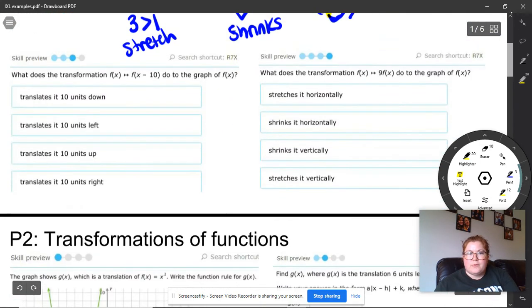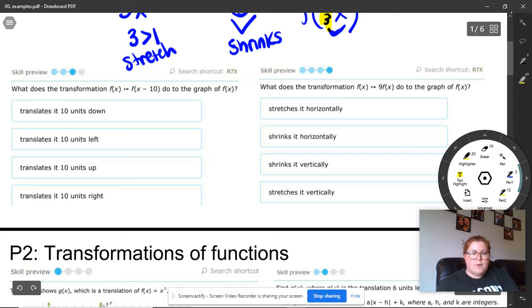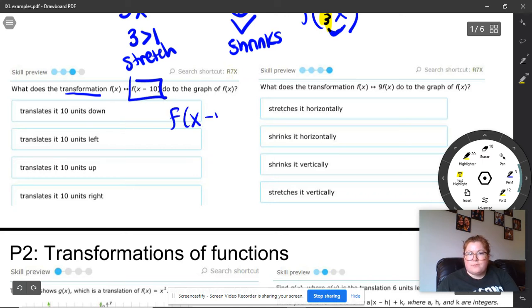Now we have 2 more examples for this video for P1. What is the transformation of f of x when it goes from f of x to f of x minus 10? We notice that there's a number grouped with my x.